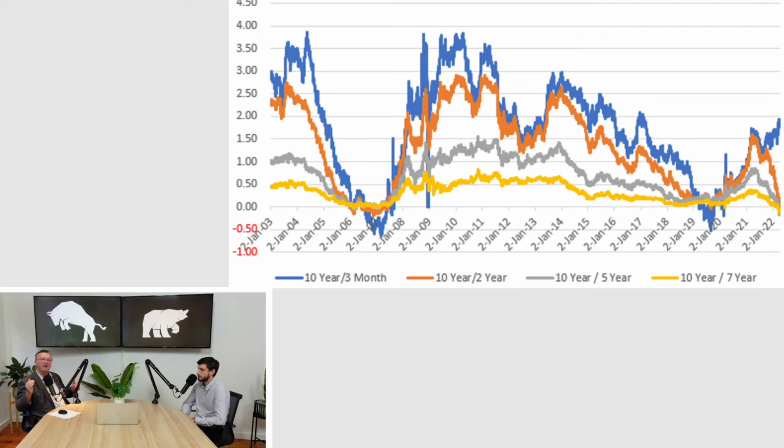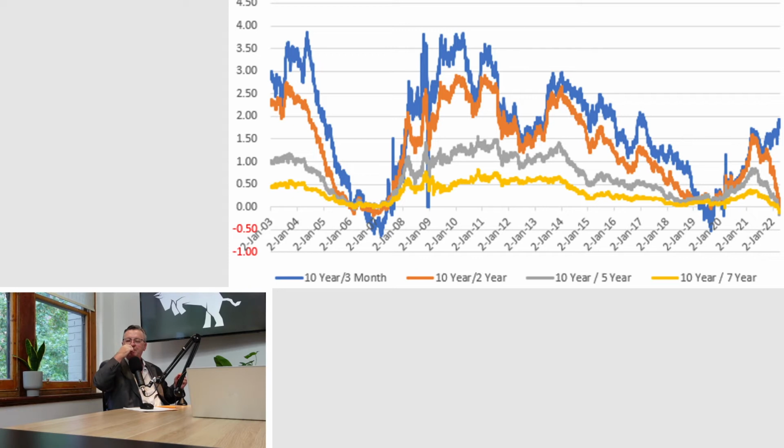Now, when they say there's a yield curve inversion, what the graph is trying to show is that when the 5-year rate goes above the 10-year rate, that means they expect this economy is going to slow down in the future.